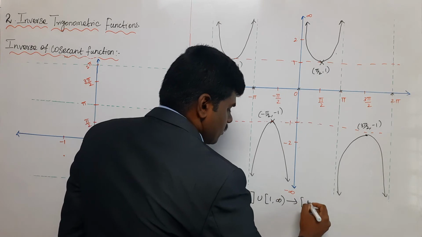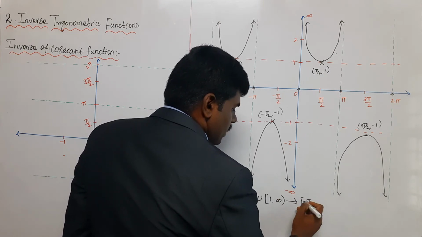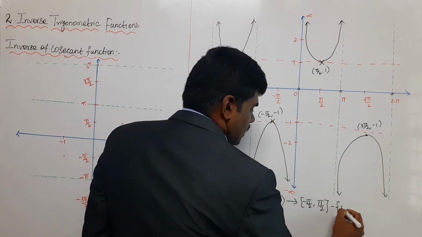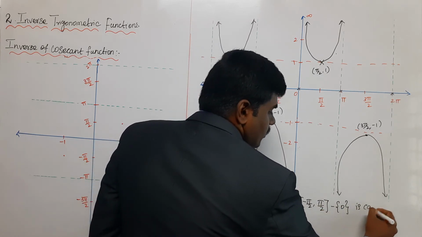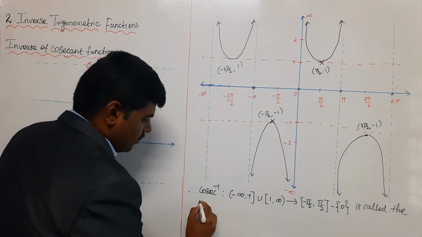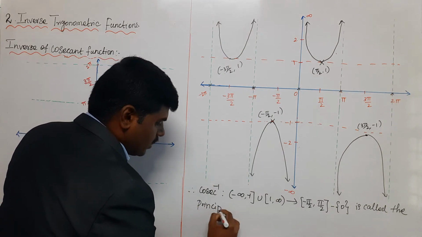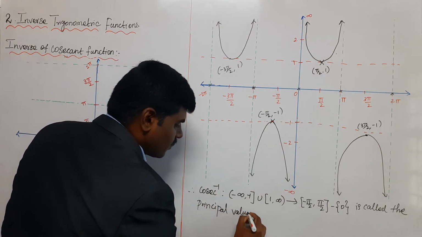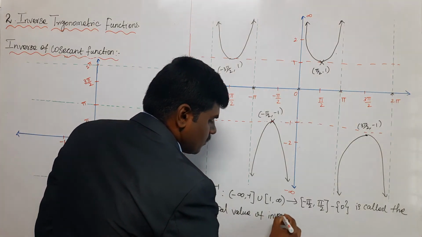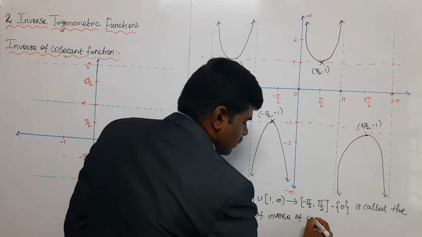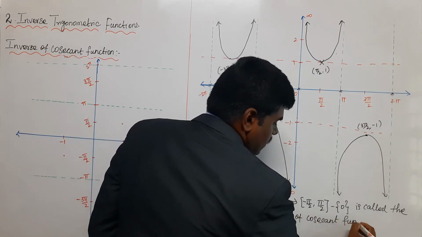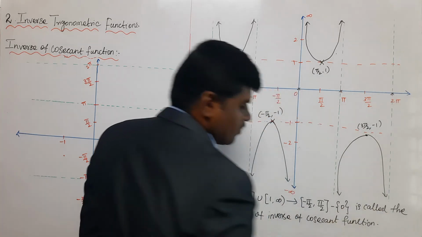The restricted domain, the closed interval minus pi by 2 to plus pi by 2 except 0, is called the principal value branch of the inverse of the cosecant function. Is that clear? The inverse of the cosecant function.